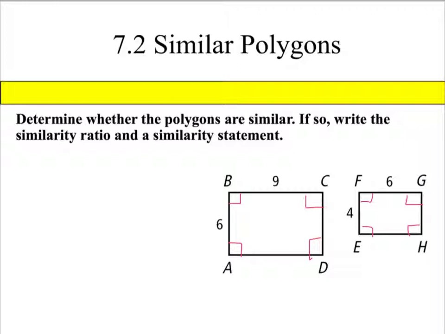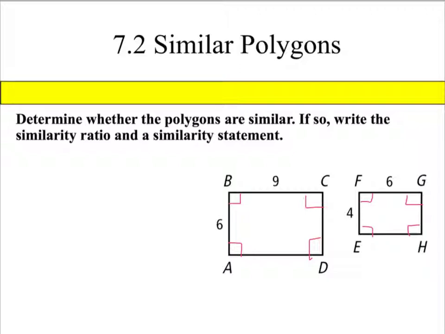Very first thing is, do we have congruent shapes? The shapes are not going to be congruent here, but our angles are. All of our corresponding angles are going to be congruent to each other because these are two rectangles, all 90 degrees. So now we have to have a similarity ratio.